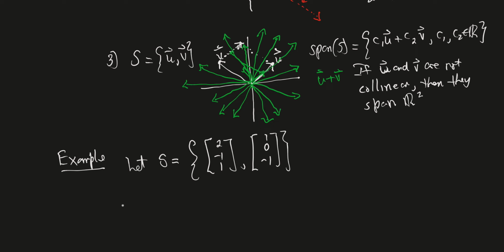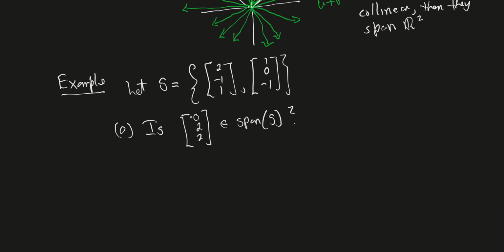And then for part A, I'm going to ask this question: is this third vector 0, 2, 2, an element in the span of S? So we're using our nice set notation. Is this vector in the span of S?